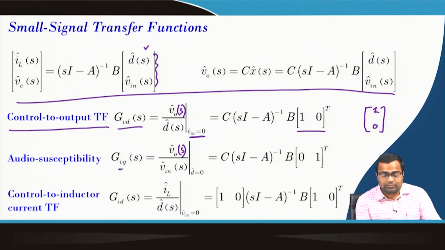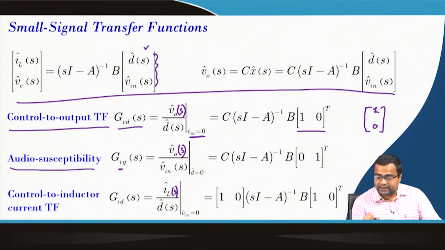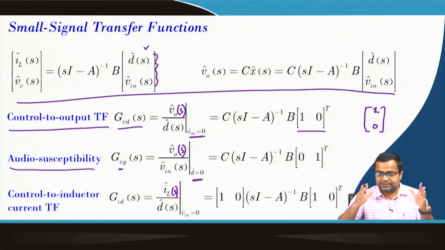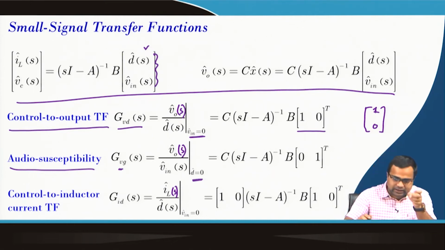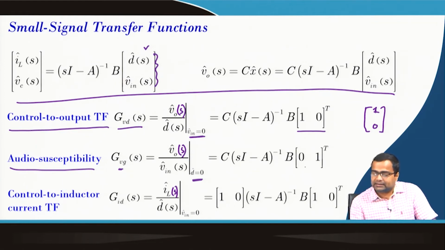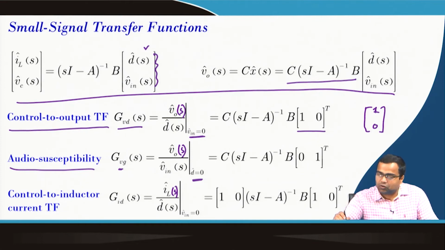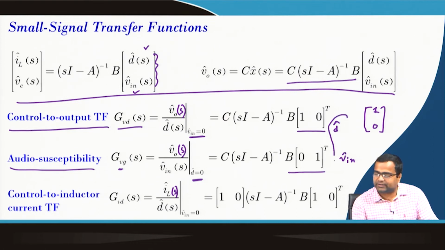Similarly, if we want to talk about audio susceptibility, which is v̂o(s) by v̂in(s), in this case we are taking the duty ratio to be constant, that means it is under fixed duty ratio operation. So, you can straight write C(sI − A)⁻¹ B, and with this we have to multiply [0 1], because we want to extract this one. Here we extracted d̂, here we extracted v̂in. Okay. So, these two things we have extracted.